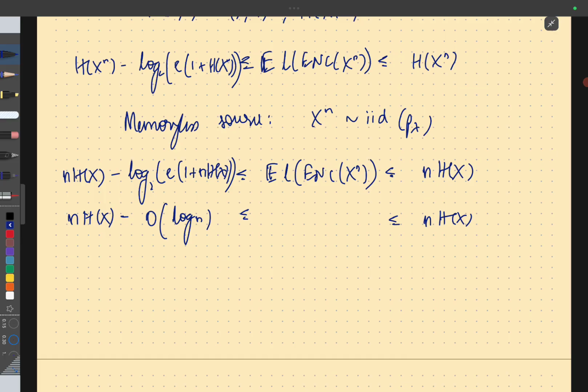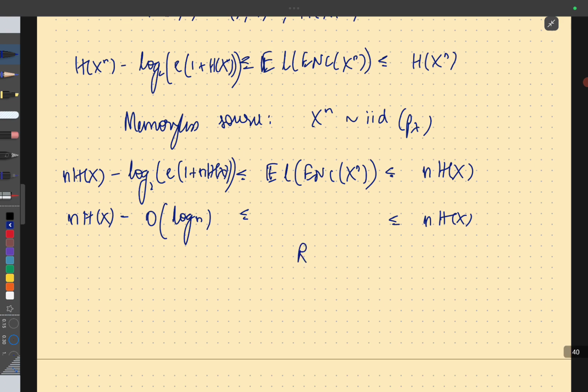So the natural question is to ask what is the optimal rate. So we have an upper bound and we also have a lower bound. So which of these is tight? Is it true that the upper bound is tight, or is it true that the lower bound is tight? So in other words, if I let n tend to infinity, then we know exactly what it is.